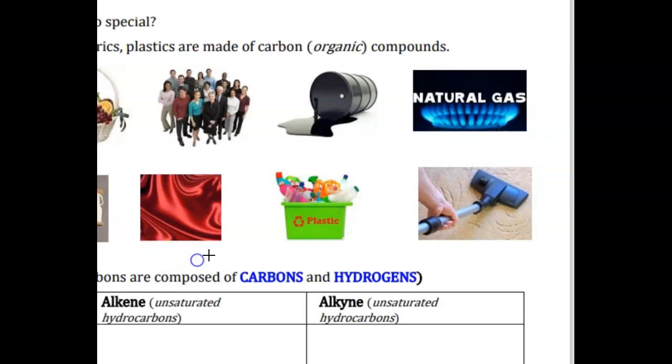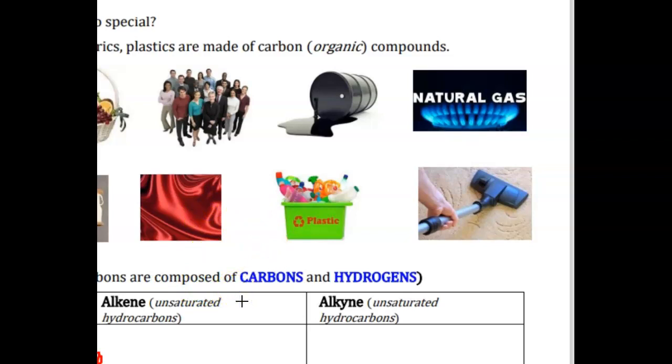So carbon, and you know that carbon has four valence electrons, so it forms four bonds. So we need four bonds for each carbon, and if it's hydrocarbons, carbon is bonded with hydrogen. So we have a chain of three carbon atoms here, which are single bonded, and the rest of the bonds are carbon-hydrogen bonds.